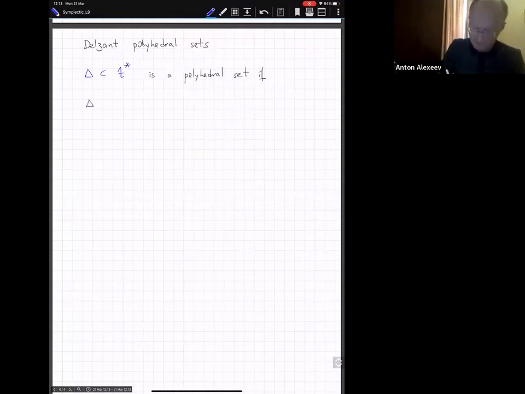So delta is an intersection from a = 1 to k, and I mean this k, right? At the moment it looks a bit sloppy that I'm using the same letter, but in fact that will be the same letter as the dimension of our torus.